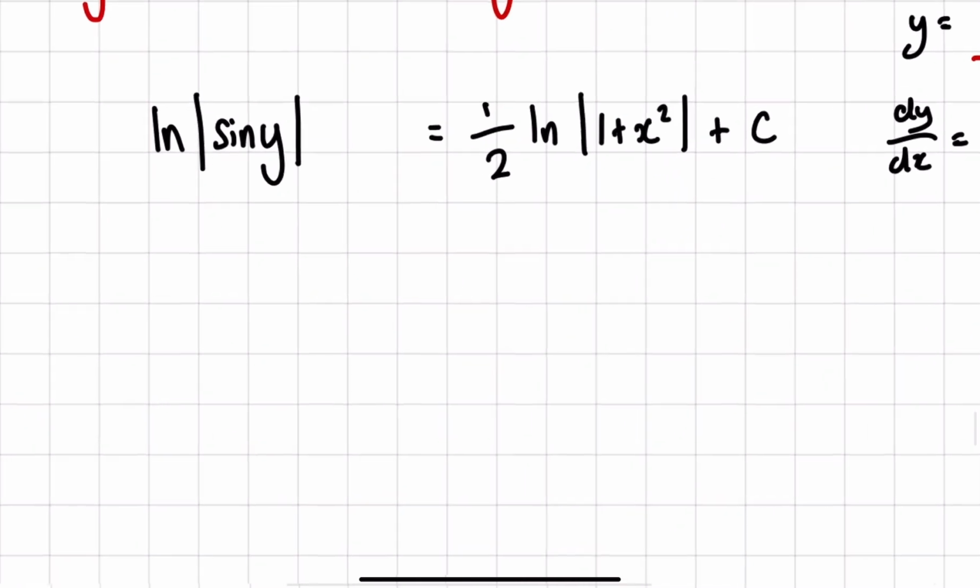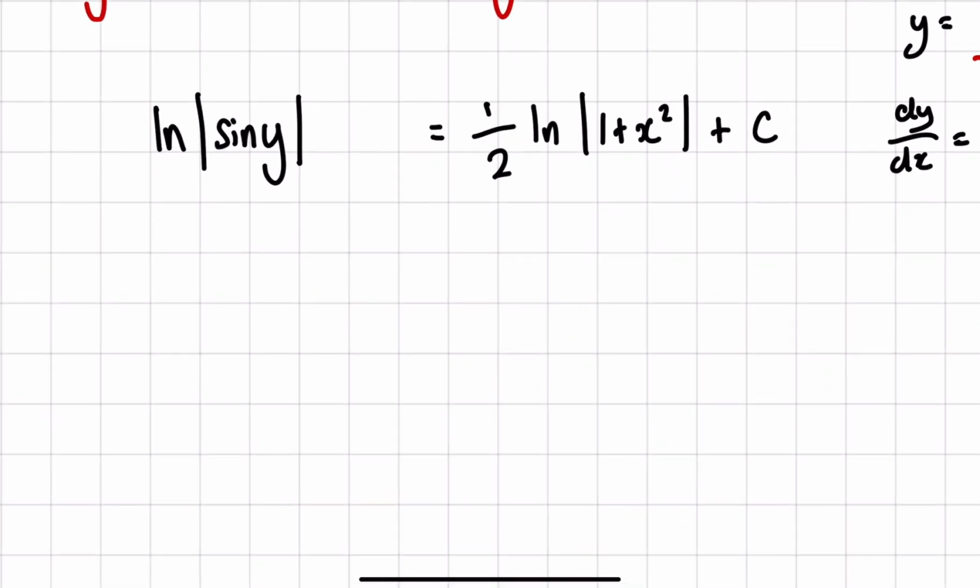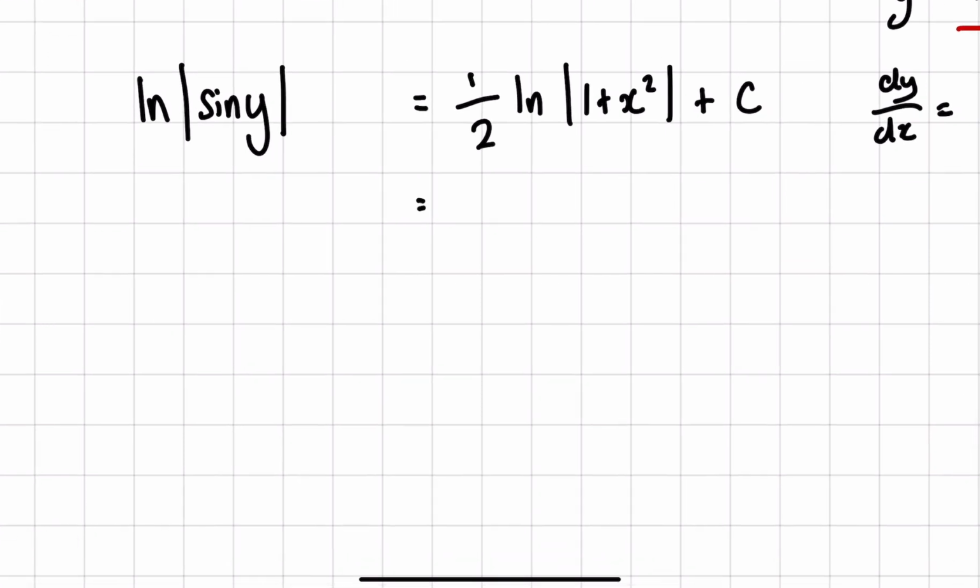Now, the plus c, we kind of want to get rid of this to clean this up, because you might have to use that later in the question. So I'm going to rewrite it as a half natural log 1 plus x squared plus natural log of k. So I'm just going to introduce a new constant.